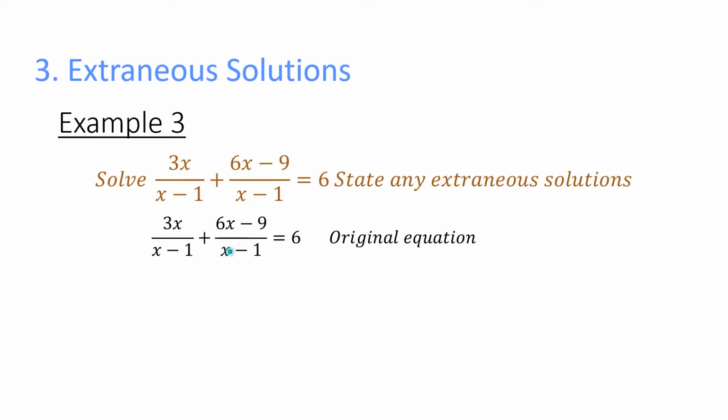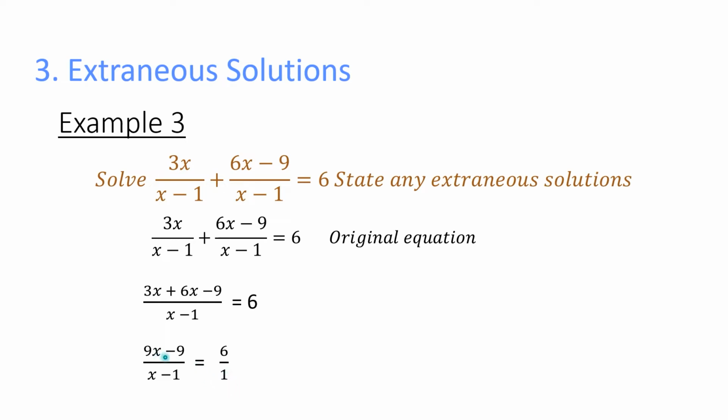Here is the original equation. Now let's write the common denominator, that is x minus 1. Then we get 3x plus 6x minus 9 over x minus 1 equals 6. On solving, we get 9x minus 9 over x minus 1 equals 6 over 1.